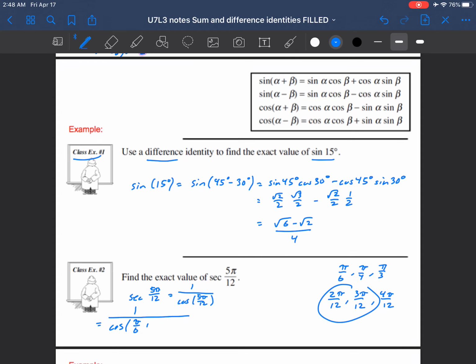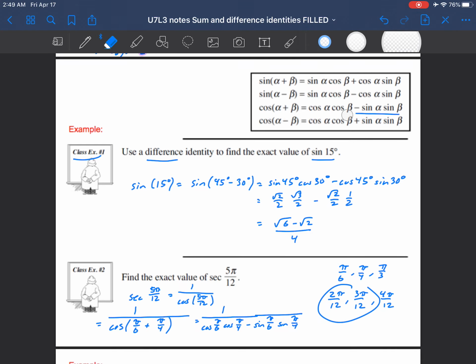So this is cosine of pi over 6 plus pi over 4, which is equal to 1 over, and now we can use our cosine identity. We need cosine of a sum. So it's going to be cos pi over 6 cos pi over 4 minus sine pi over 6 sine pi over 4.